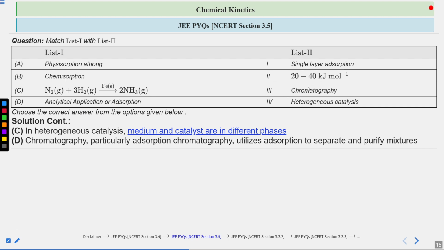Chromatography is a process we use to separate or purify mixtures. So the adsorption concept is used in chromatography to separate and purify the mixtures. That's why D is connecting with the third component in list 2.